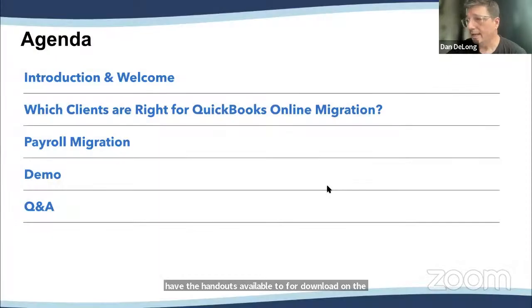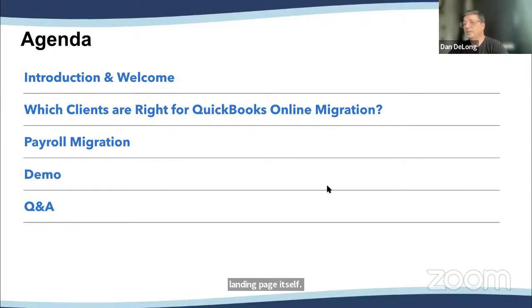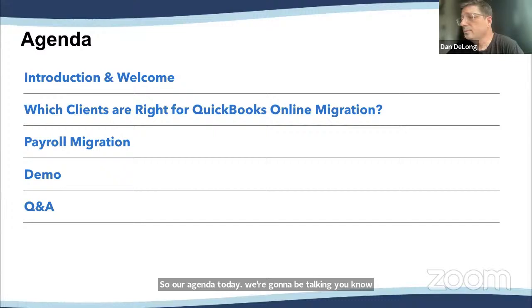So our agenda today, we're going to be talking about what is the right fit for QuickBooks Online migration. When we talk about migration, we're really just talking about somebody who's currently in desktop and might want to consider moving that desktop data into QuickBooks Online, or migrating the data.